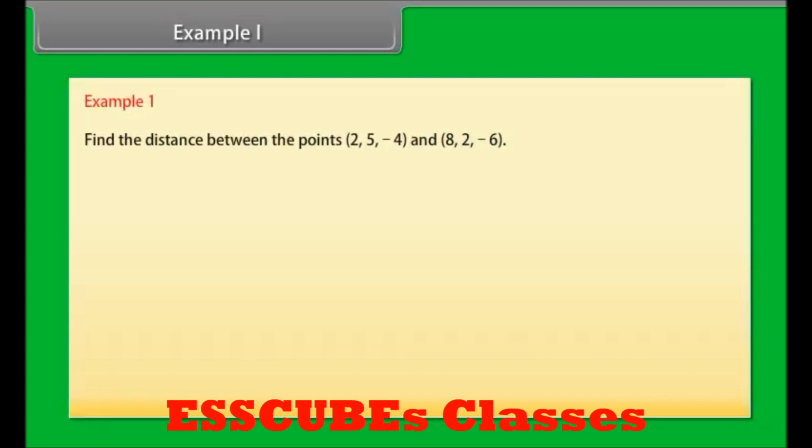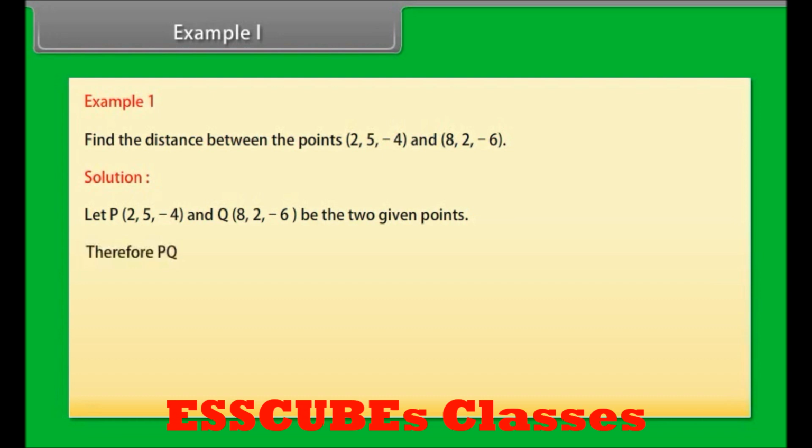Example 1. Find the distance between the points (2, 5, -4) and (8, 2, -6). Solution: let P (2, 5, -4) and Q (8, 2, -6) be two given points.